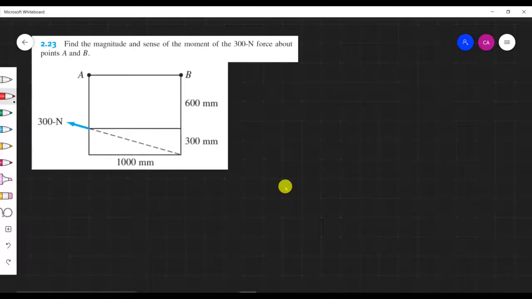Halimbawa, finixed ko si A, pero yung B malaya. A is fixed, B is temporarily free. If we applied 300 Newton at that point, pwede siyang mag-rotate ng pagganitong location.